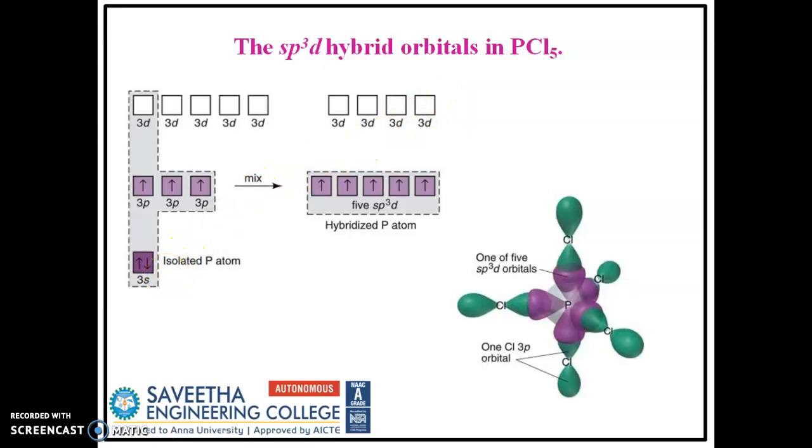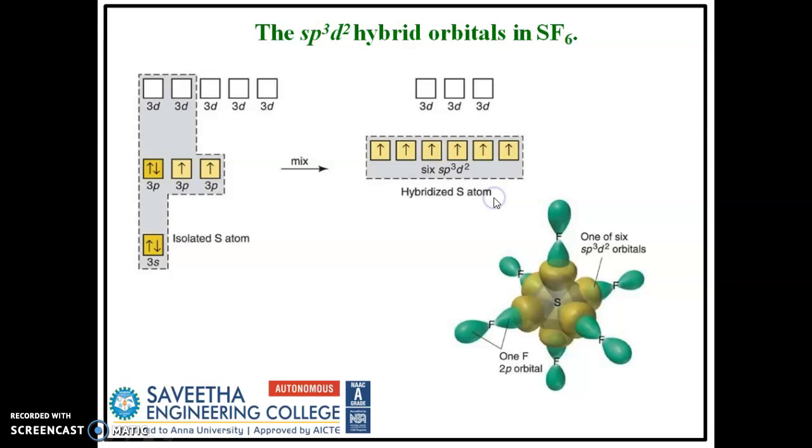Here the 1s, 3p and 1d orbitals overlap with five singly filled p orbitals of chlorine, forming the PCl5 molecule. And the last type of hybridization is sp3d2 hybridization.